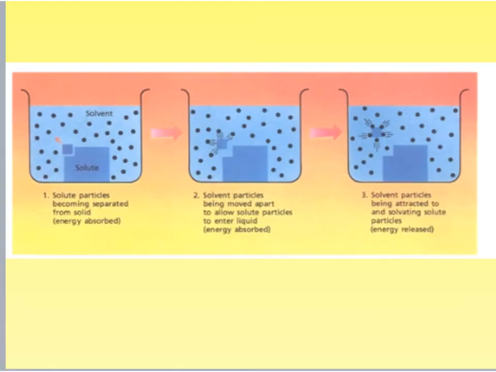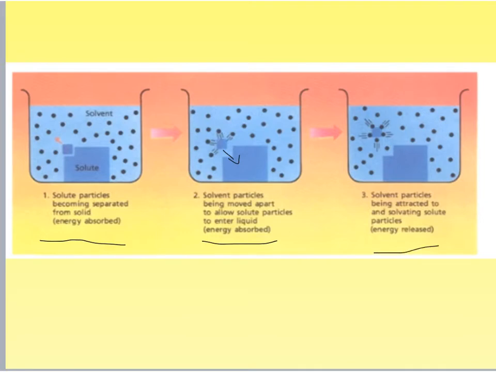So here's a better picture of me creating a solution. In picture number 1, the solvent is what looks like the water, and the solute would be like a block of sugar that they just dropped in there. When you drop the block of sugar in, the solute starts to come apart, right? After it comes apart, step 2, the solvent particles start to move apart and come in between each other and the other particles of the solute.